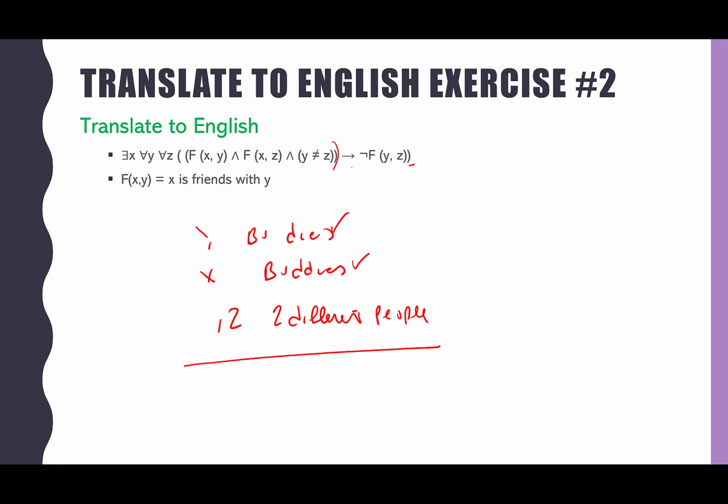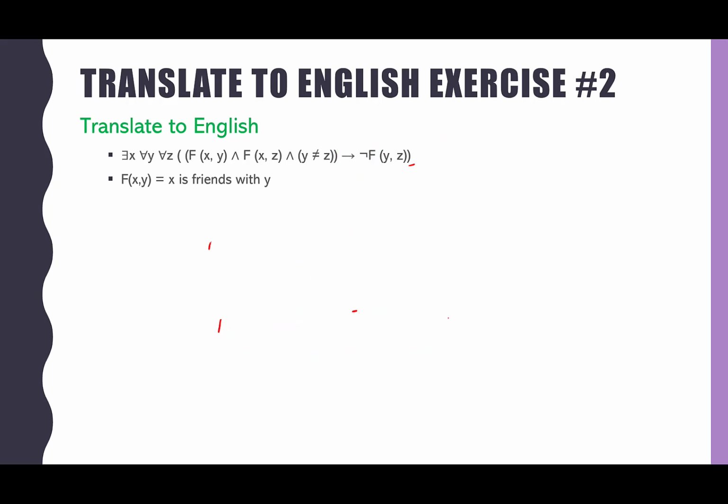So let's look at this in the complete context here. There exists some person X, at least one person. We're going to call that one person, there may be two, but we're going to go with one, and that person is Bob. So there exists some person Bob. Every time you see an existential operator, what's the next thing you say? Such that.